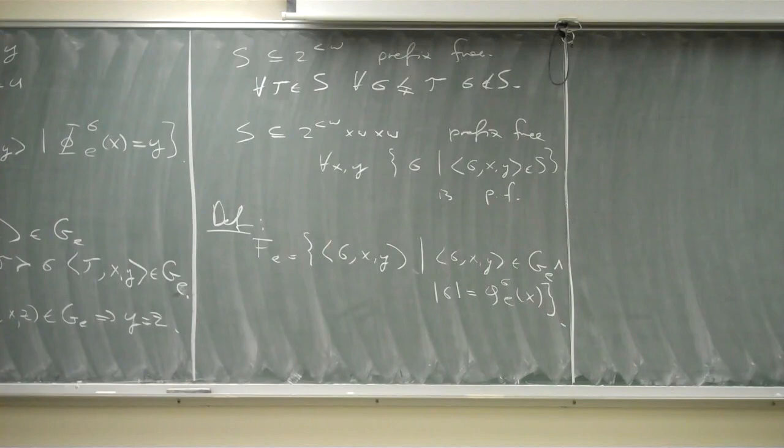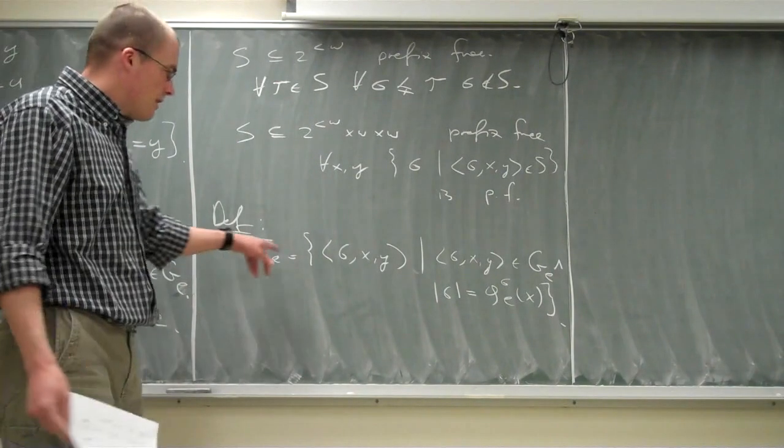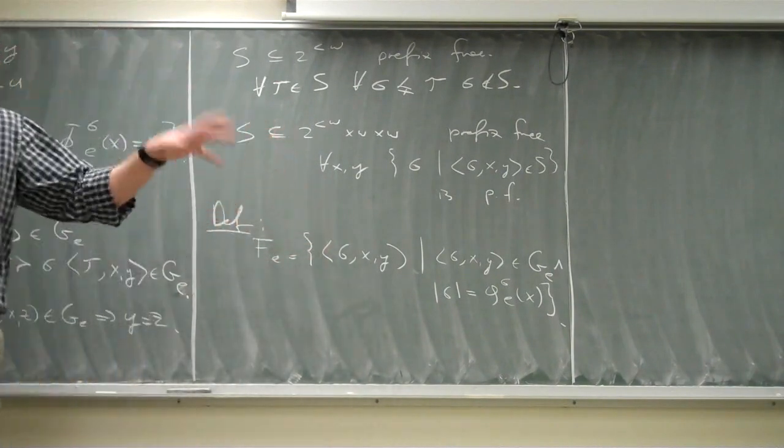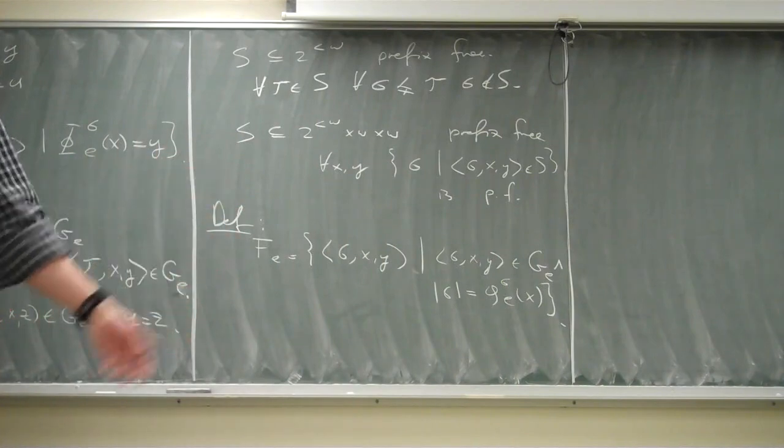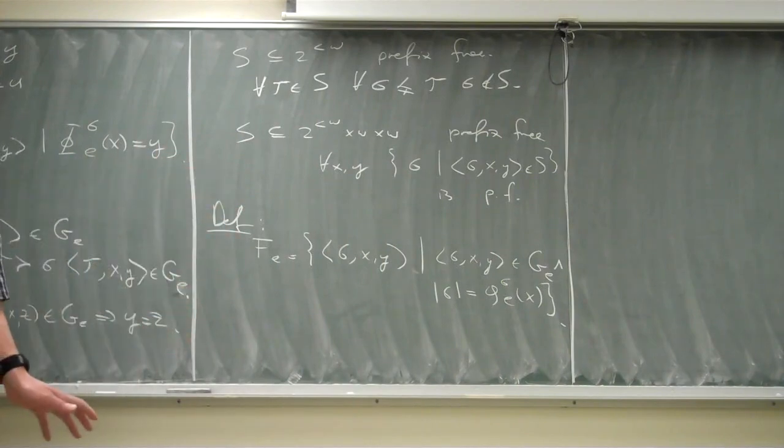If you do an oracle computation and the computation holds, then after the fact you can say there is this terminal part of the oracle which I didn't need, and the things in this F_e, the prefix-free oracle graph, are exactly those where there's nothing too much in the oracle. Well, it's a nice intuition.